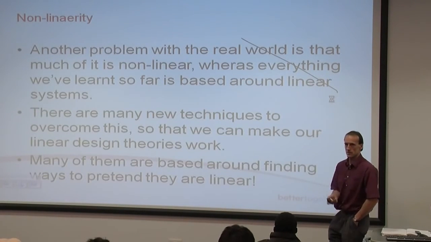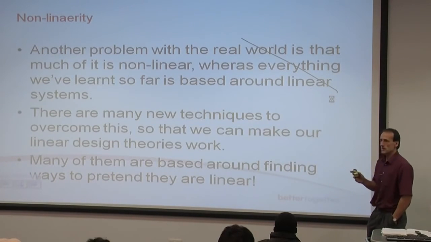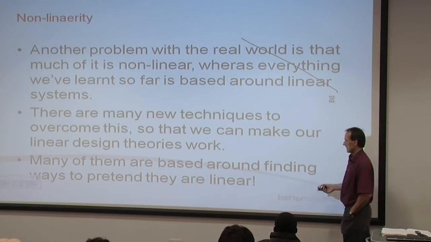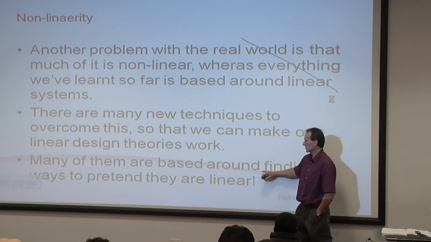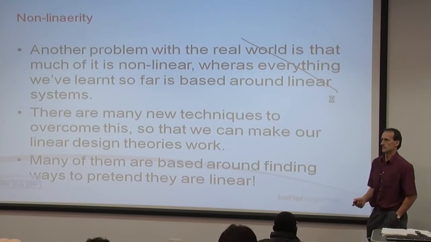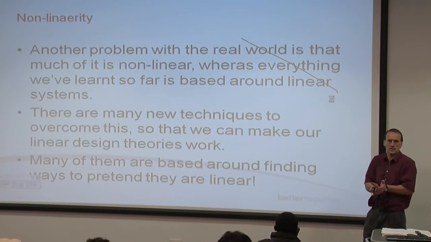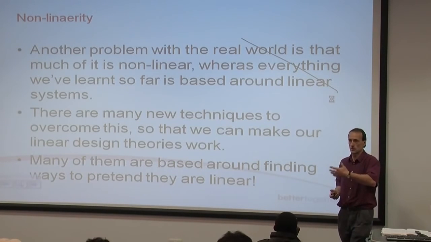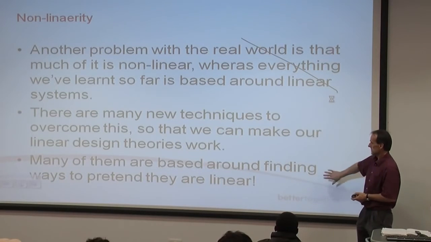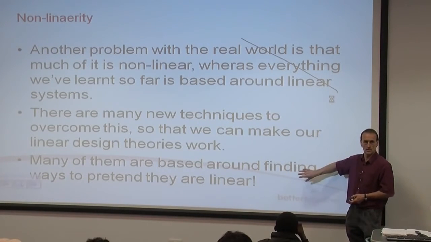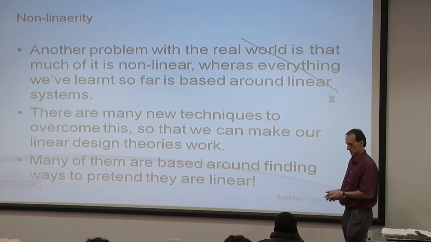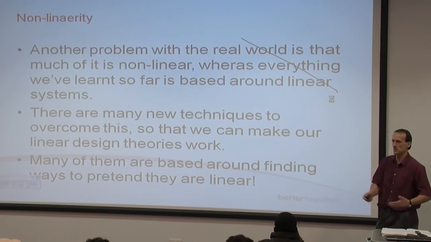The trick is that many of the theories we apply to non-linear systems are actually fairly unsophisticated ways that let us pretend that they're linear. Because we understand linear things, because hopefully by now you've got some understanding of how we control linear systems. So if we can find some fudge factor, some fiddles, to make these non-linear things appear linear, then we can just keep using the linear theories.